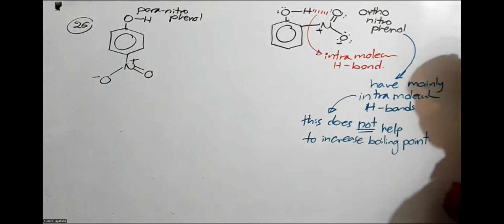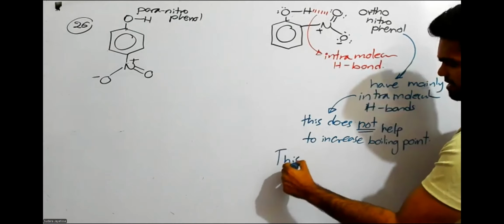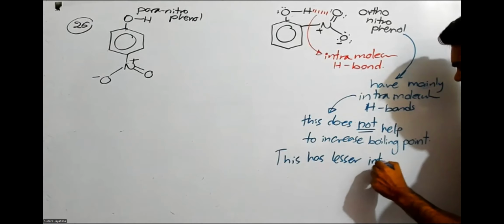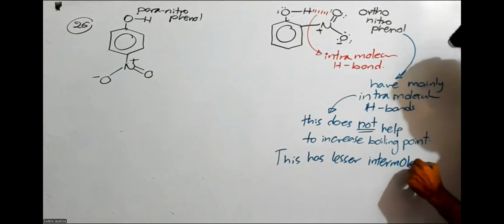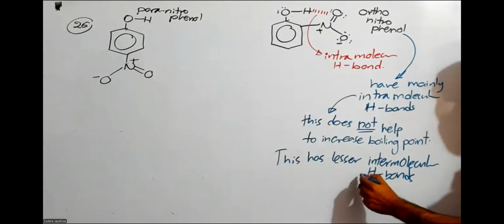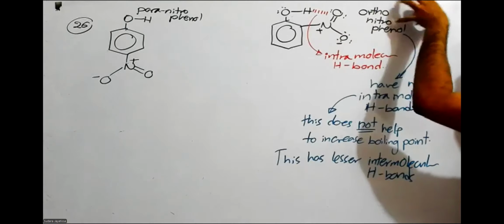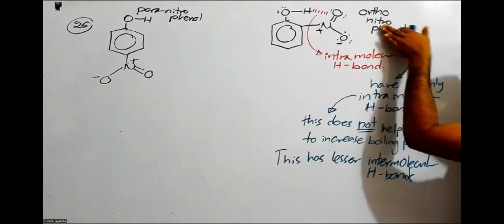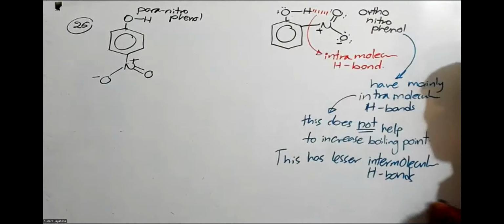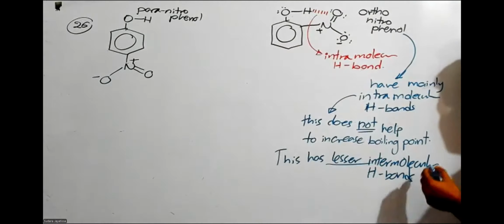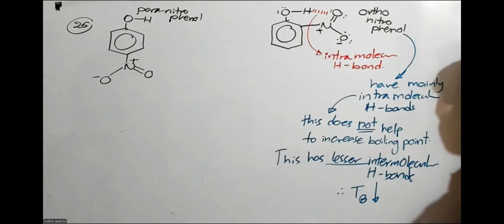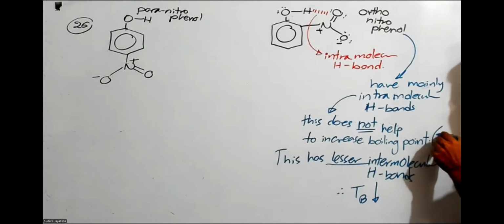This has lesser intermolecular attractions. It can form intermolecular H bonds: if there is another orthonitrophenol molecule here, it will make them. But there's more chance to make them within the molecule. So lesser intermolecular hydrogen bonds, therefore the boiling point will be lower.